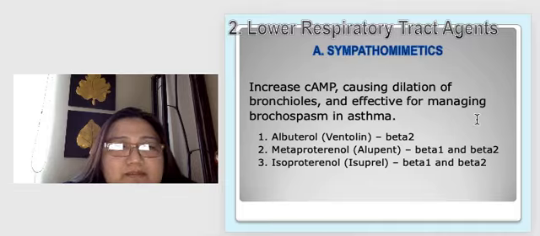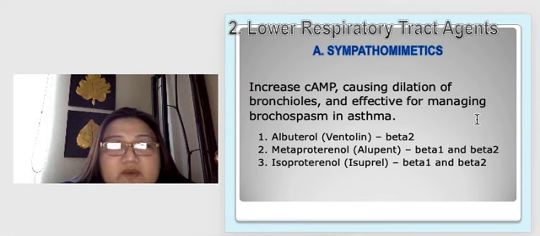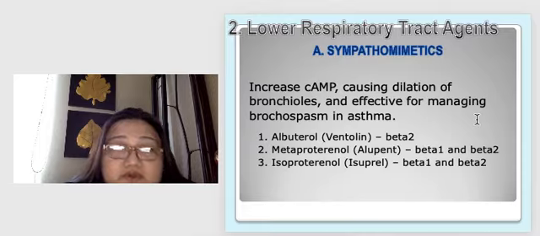So, ang mga sympathomimetics, we have already discussed this sa nervous system drugs. They increase cAMP, which is the cyclic adenine monophosphate. And this causes dilation of the bronchioles. Very effective for managing bronchospasm.